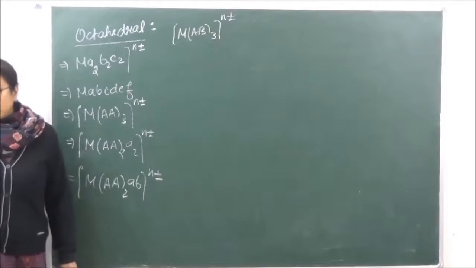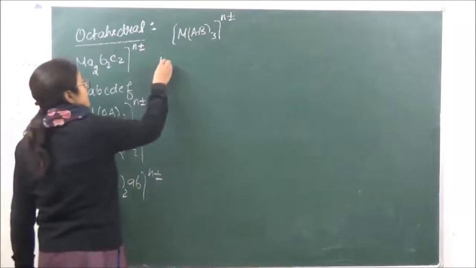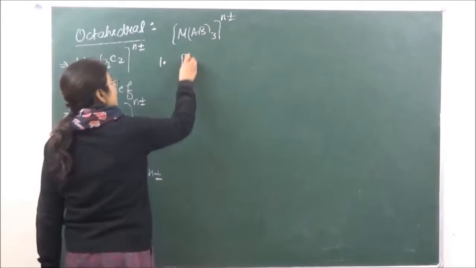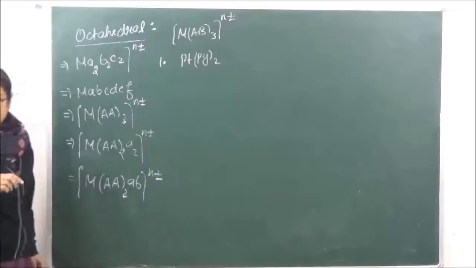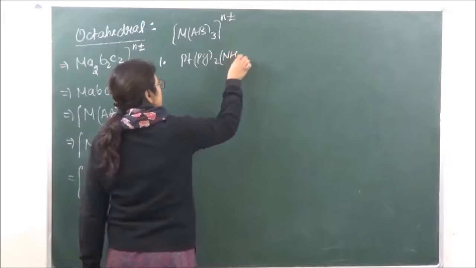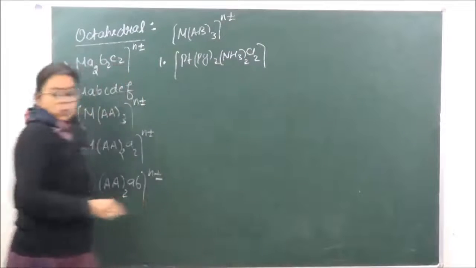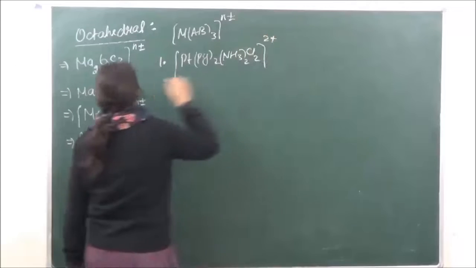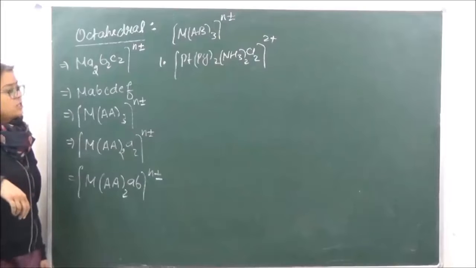So we're just going to take a few examples over here. The first one which we are taking is platinum with the ligands pyridine, ammonia and Cl2, 2 positive. This is your compound of the first type which we have taken over here, Ma2b2c2.